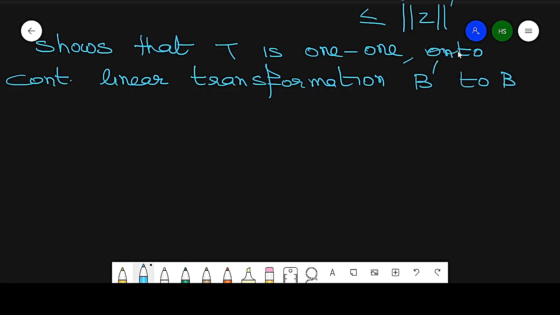If I did not write it here, then it is B dash onto B. So at one place we will write the onto.